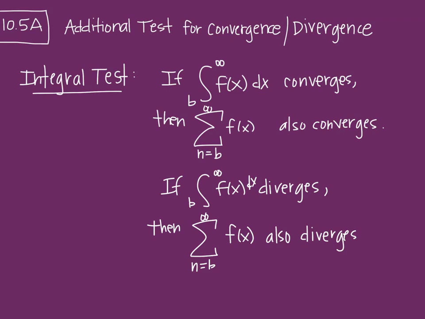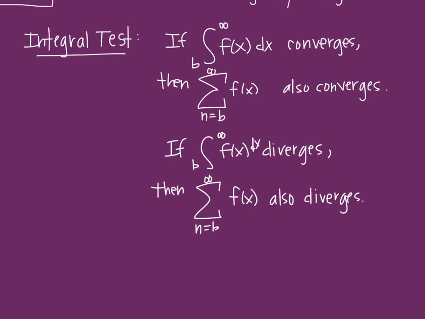Okay, so as the integral behaves, so does the series. If f of x must be continuous. So if f is discontinuous, this doesn't work. f of x must be positive.